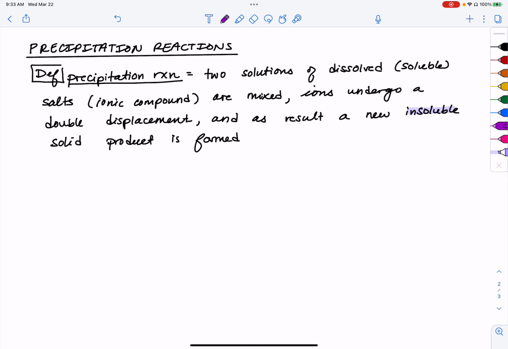Where insoluble means it cannot be dissolved in water.